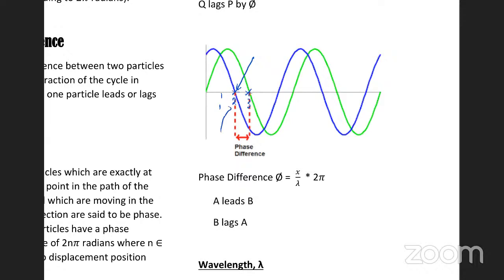It happened when blue was at 2 seconds, and then green reached here when it was at 3 seconds. So it appears that blue is A. It looks like blue is leading the green. So don't get mixed up here. This happened before this. So it appears that blue is leading green.